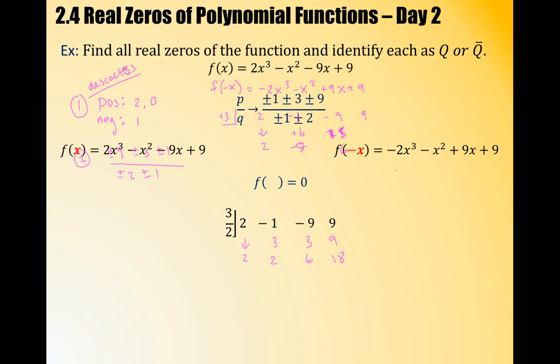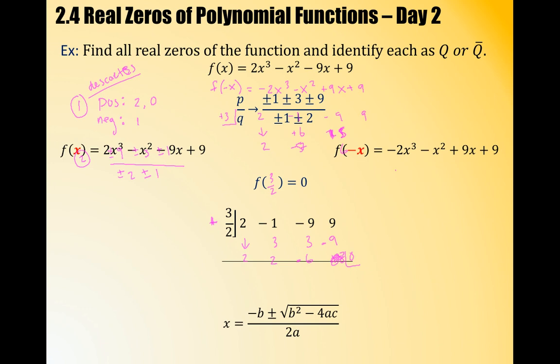I want this to be negative, don't I? Sorry. Do I want it to be negative? That's a 2. Oh, this is a negative 6. This is a negative 6. I want this to be positive. That's good. Which would make this 0. Right? And then, oh, check that out. F of 3 halves is 0.